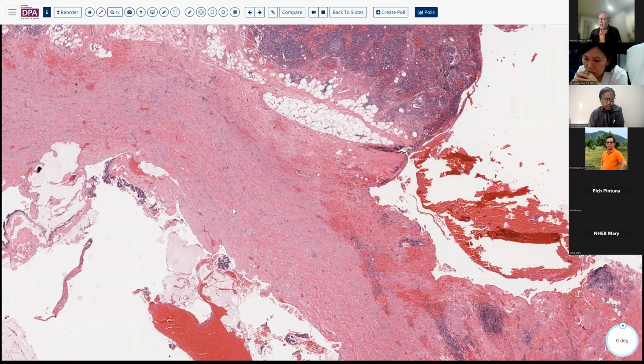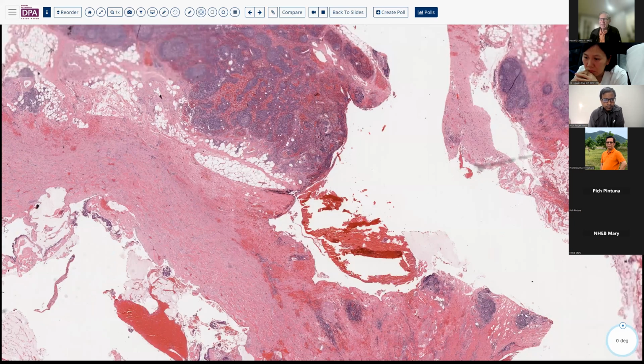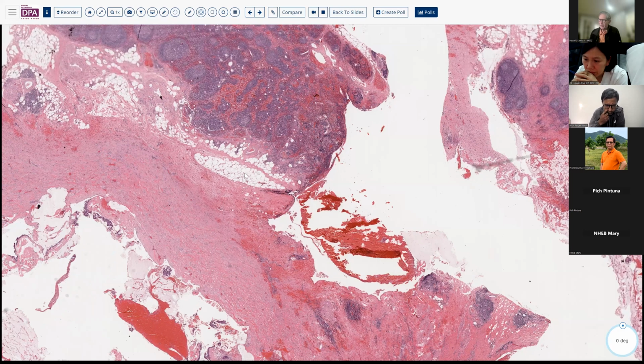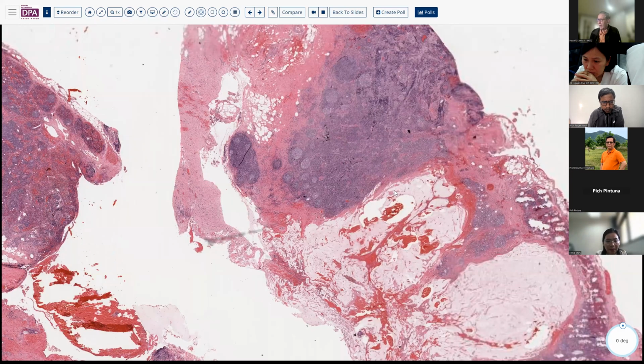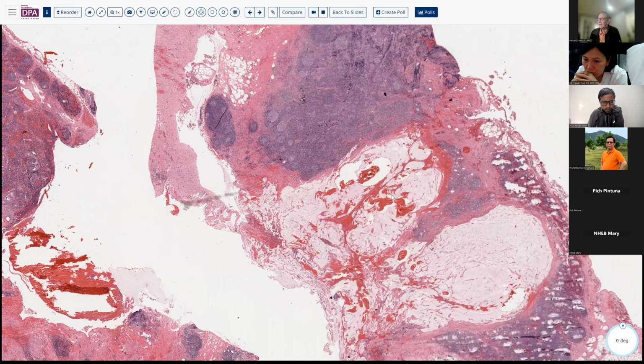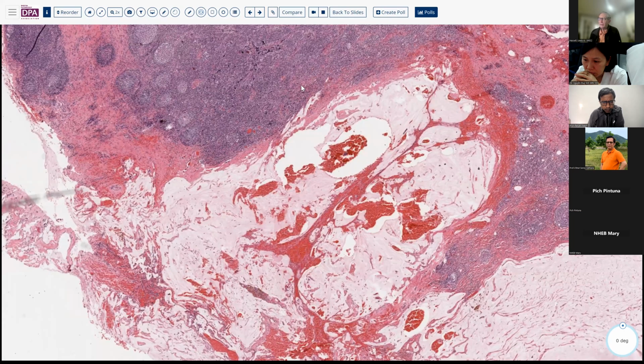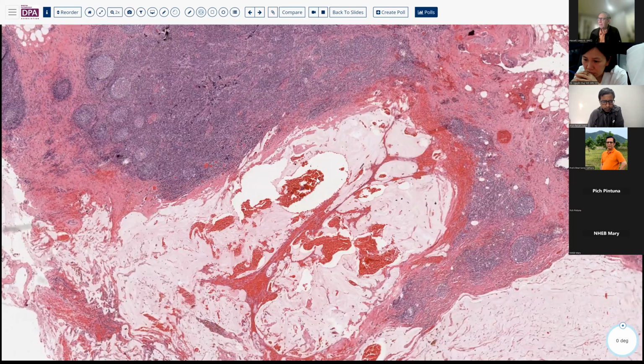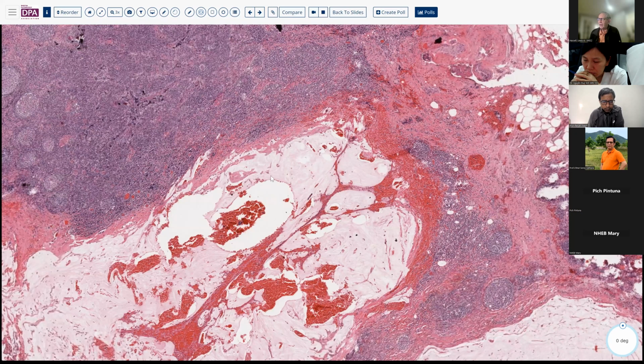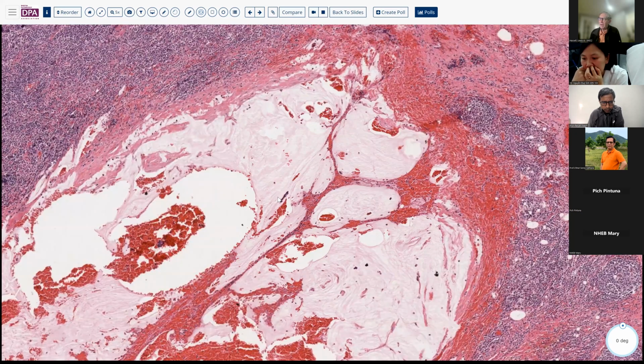And so if this were our margin section, we would say, well, we see certainly high-grade dysplasia, but looking over here, we also see this mucin dissecting into a lymph node, as you can see here. Now, we'd have to look at this very carefully to see if we have identifiable neoplastic cells, which I think we do have some here, along with this mucin.